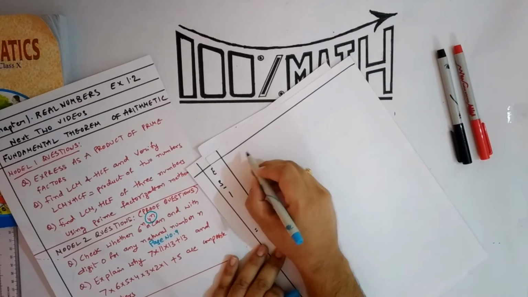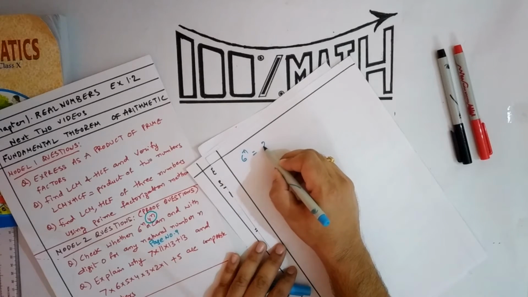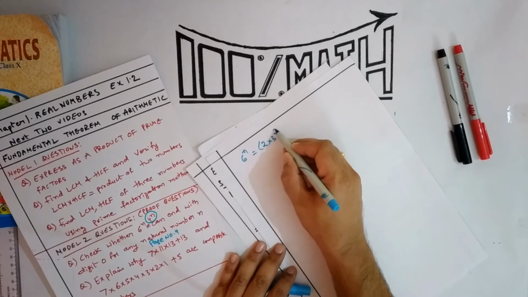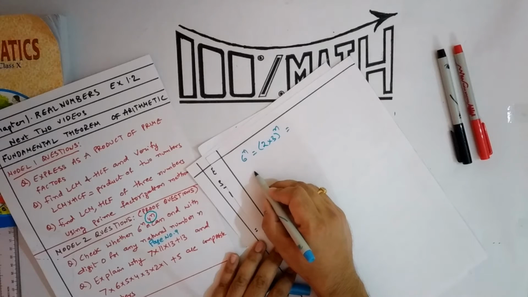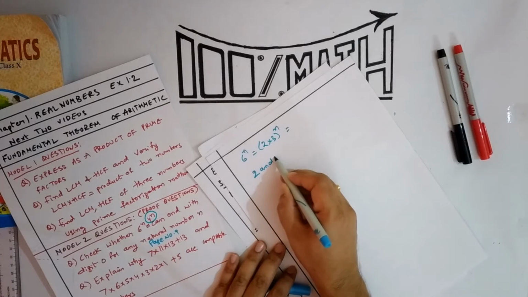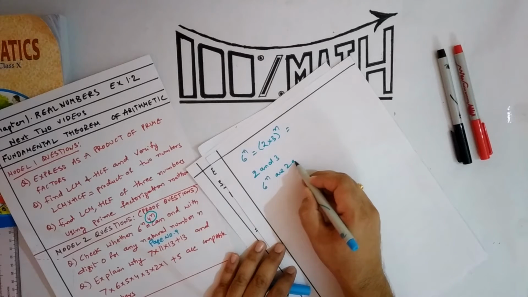Let's take this number 6 power n. 6 power n is nothing but 2 into 3 power n. That means the prime factors of 6 are 2 and 3. Even the prime factors of 6 power n are 2 and 3.